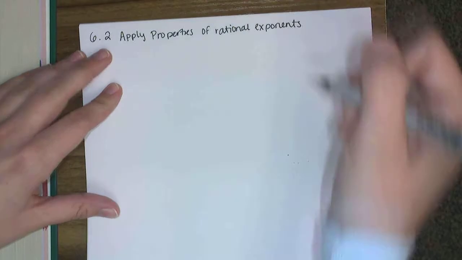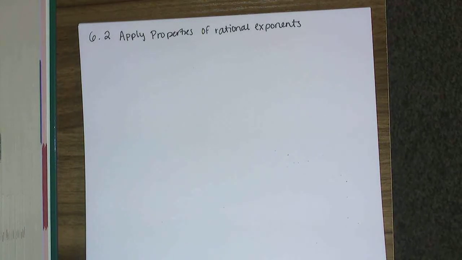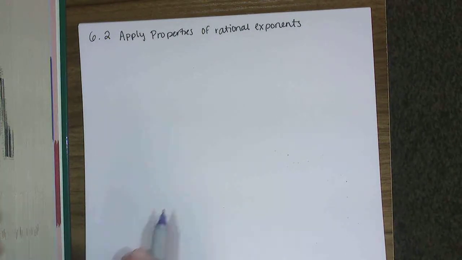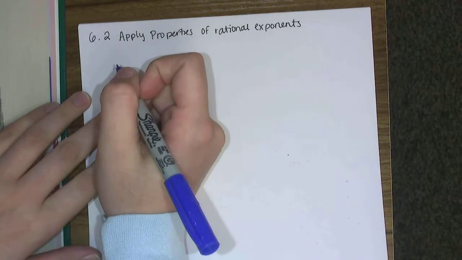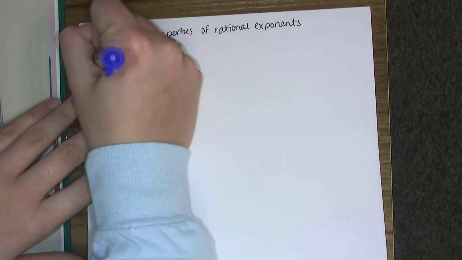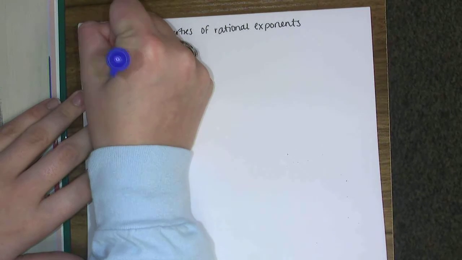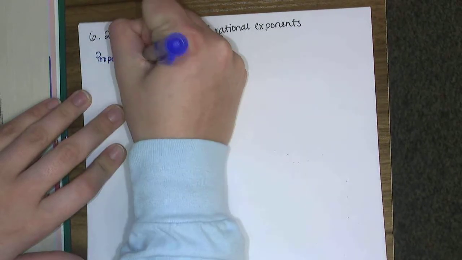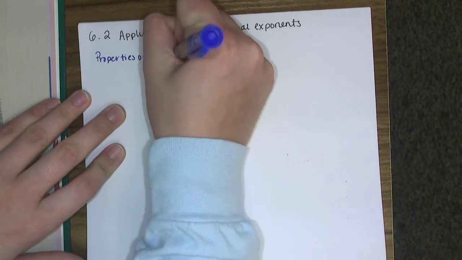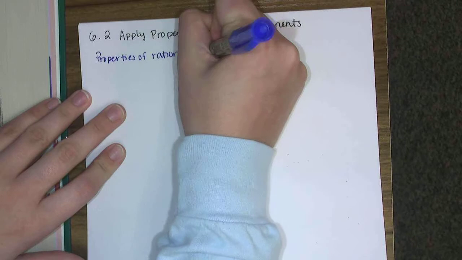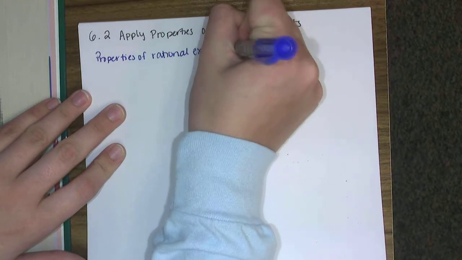Okay, so we have several properties that we need to get written down here, and these are in your book. If you don't want to write them down, that's fine, but I'd like to have them handy as we're doing problems. So, properties of rational exponents.